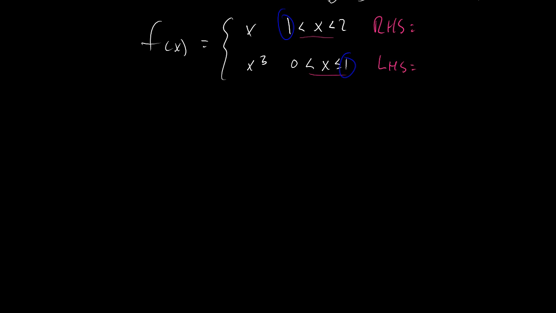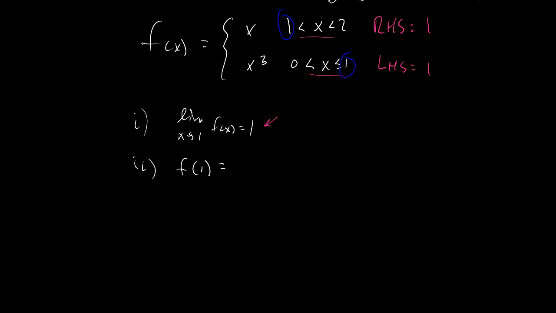So what we try to do is plug in. If we plug in 1 on top, we get 1. If we plug in 1 on bottom, we get 1. So since our left and right agree, the limit as x approaches 1 of our function is equal to 1. So this is part 1. Our limit exists. Let's check out part 2 of our definition. We need to know that f of 1 exists and is equal to our limit.